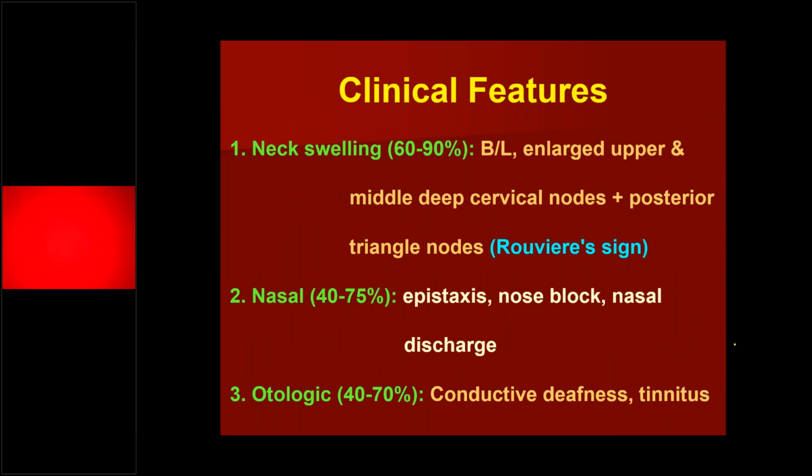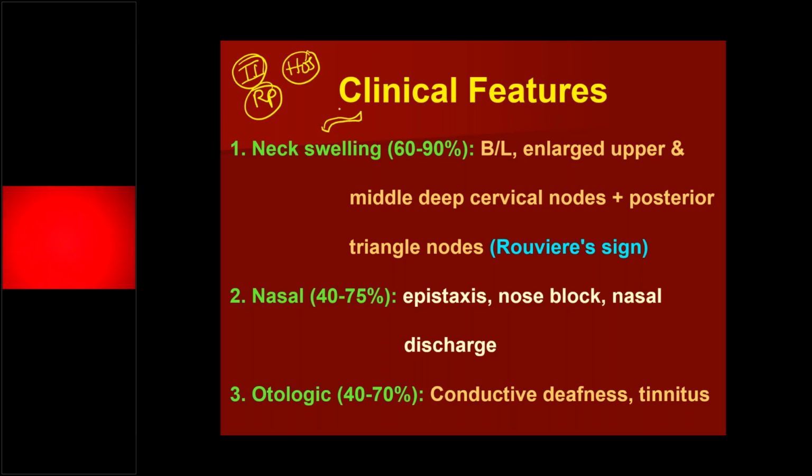What are the clinical features? Nasopharynx is richly supplied with lymphatics, towards level 2, towards the retropharyngeal nodes, and towards the something called the host triangle. What is host triangle?